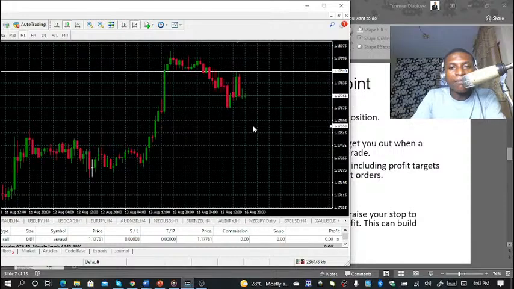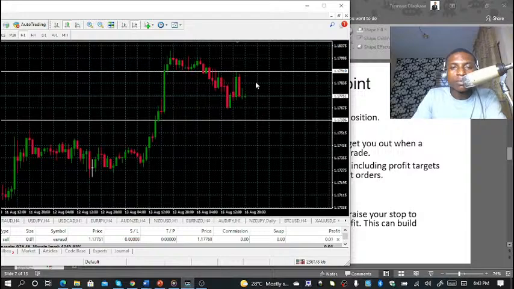Now if we have previously marked this place as our stop loss, follow me, this is our stop loss, the point where we have 1.17910 as our stop loss, right? Now if we saw that our trade has gone in profit down to this level, but we want to hedge, in case the price reverses back and takes us back into a losing trade, right?